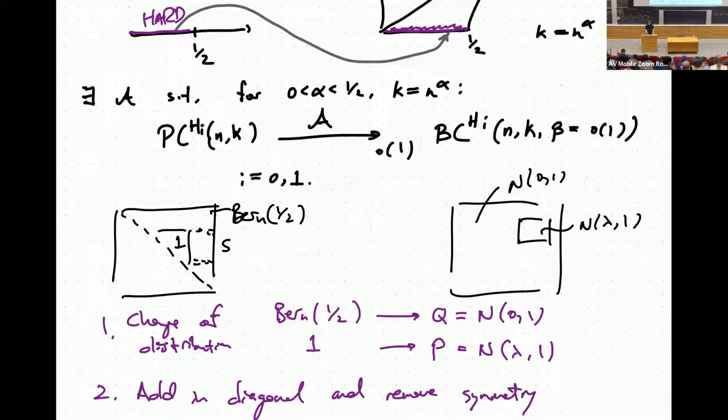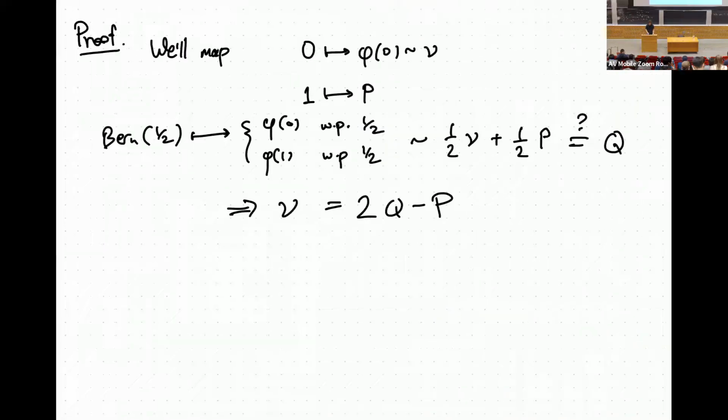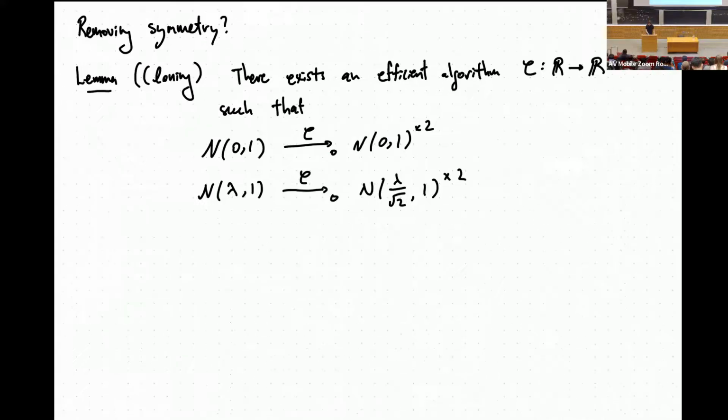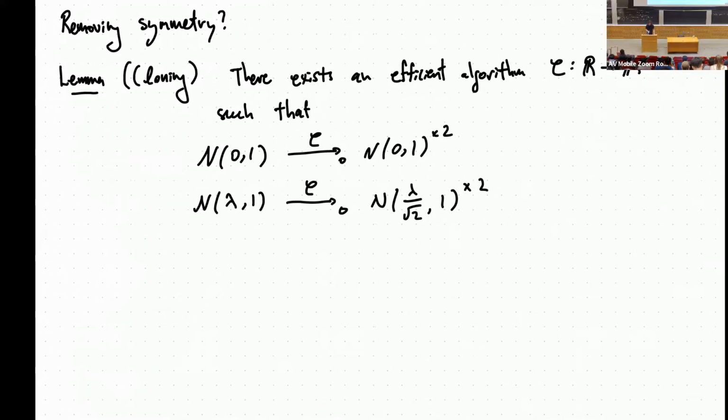We also have a symmetric matrix, and we want a matrix that doesn't have any symmetry, where we have independent entries everywhere. So I'll tell you how to overcome the symmetry thing first, and the diagonal we'll do at the very end. You'll see why the flow of reasoning is best this way.